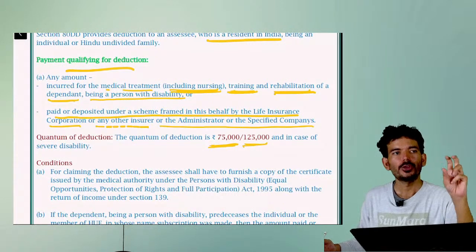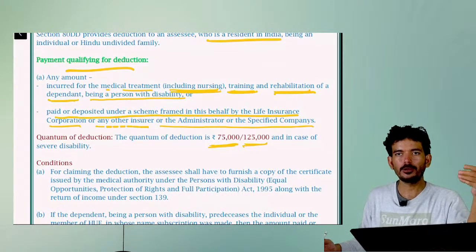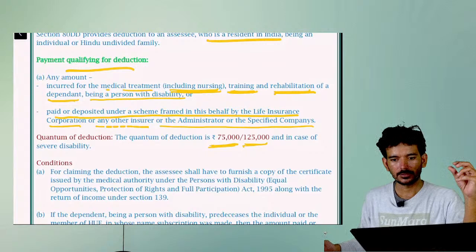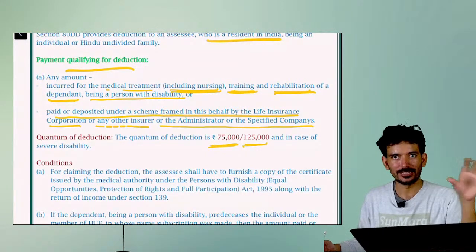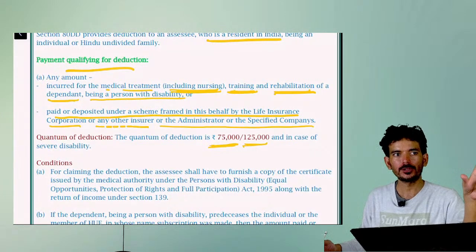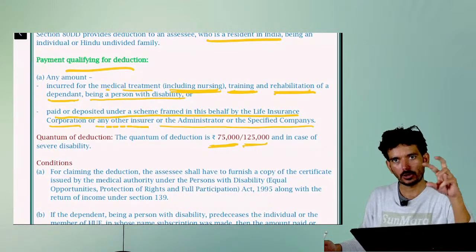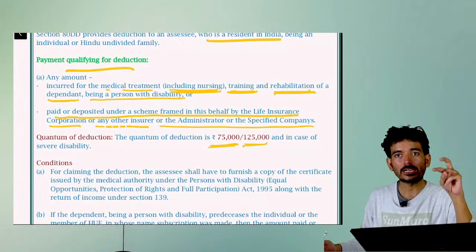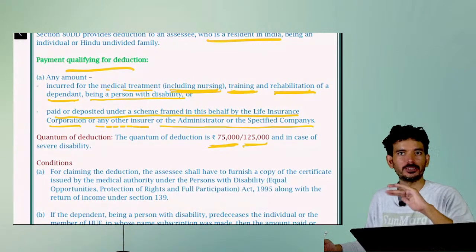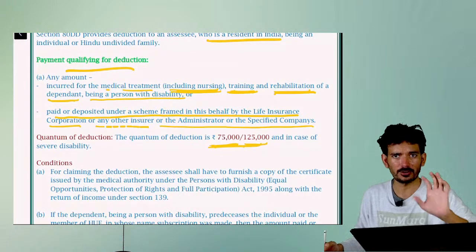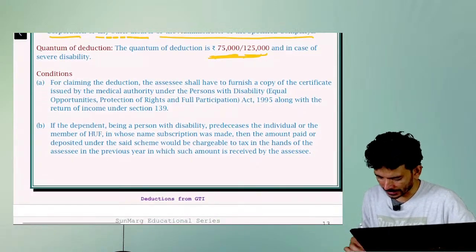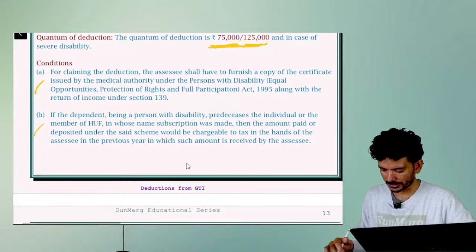It's just that you are maintaining a disabled person who is suffering from a disability. The certificate has to be produced, and on the certificate the doctor's signature will be there, plus the severity that they are suffering with will also be there. Okay, so 75,000 and 1,25,000 is something that you have to mug up and remember in the examination. And the conditions I told you: the certificate you have to furnish.